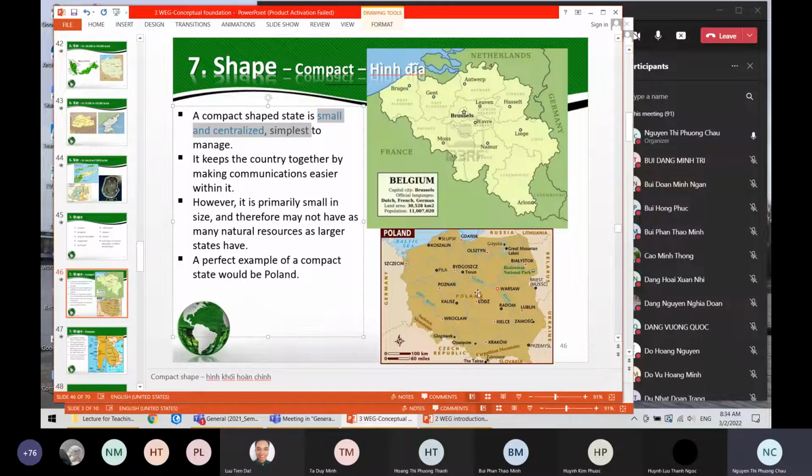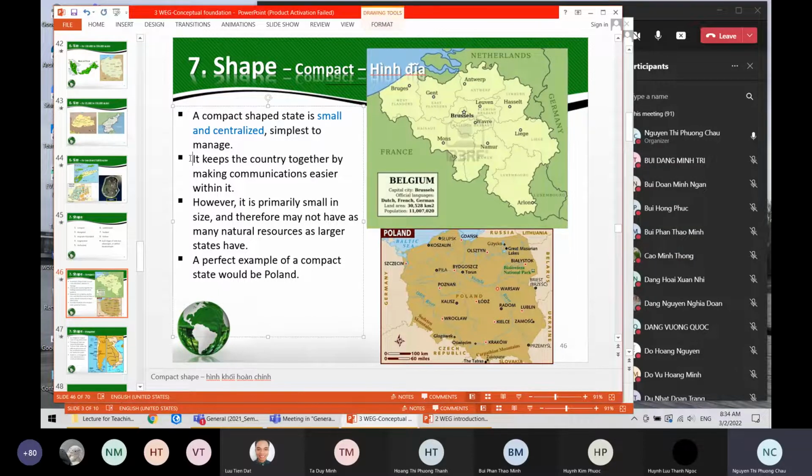So centralized is like a cookie. You see, it's centralized in a round area, and small size. And Poland is a typical compact nation.